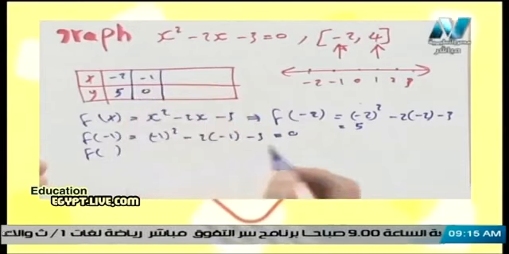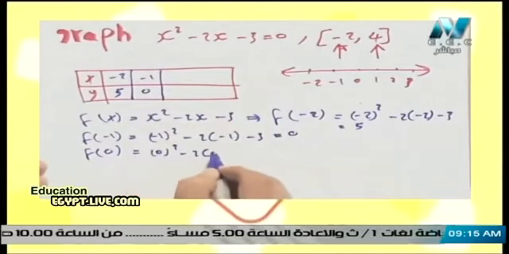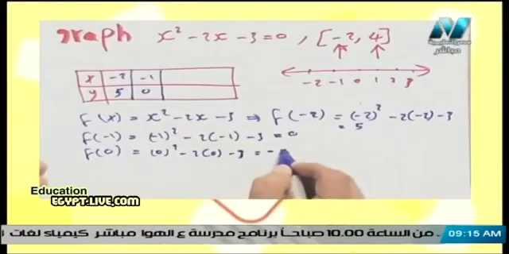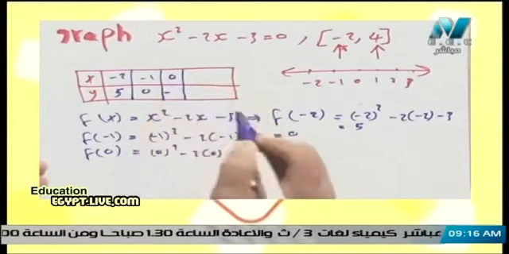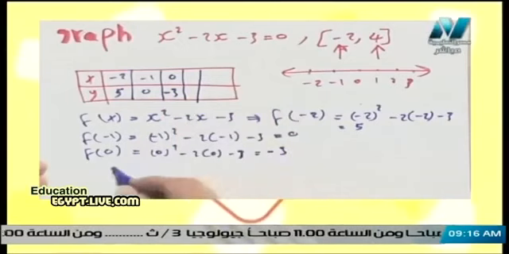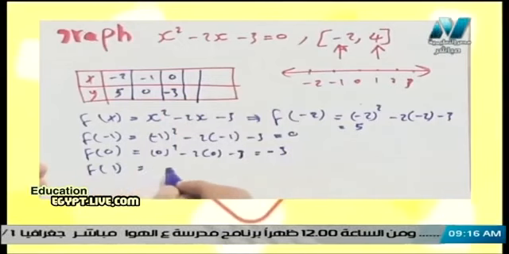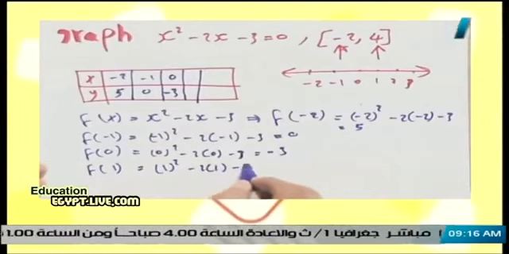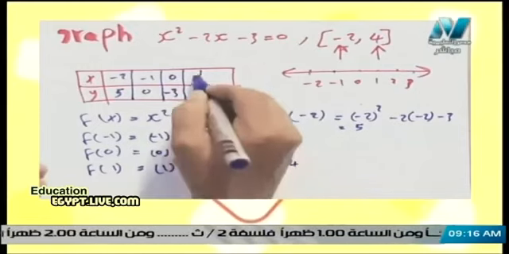f(0) will be 0² − 2 × 0 − 3. Of course, it gives -3. So when x equals 0, y equals -3. And also, by substituting x by 1, it will be 1² − 2 × 1 − 3, and the answer equals -4.